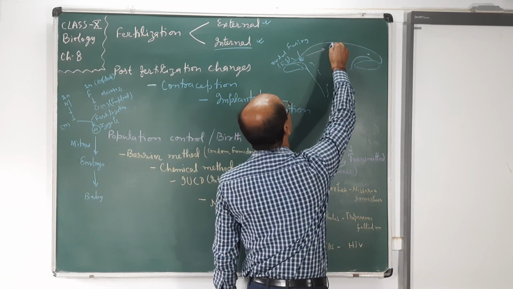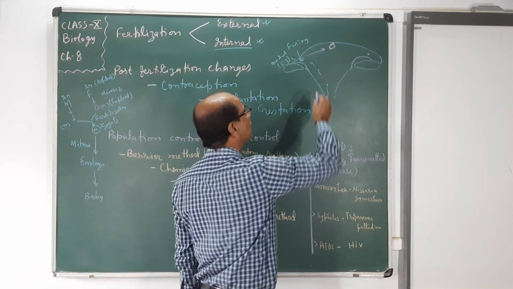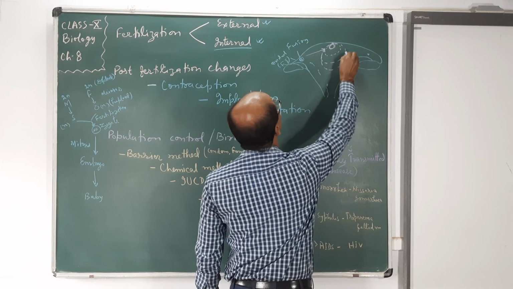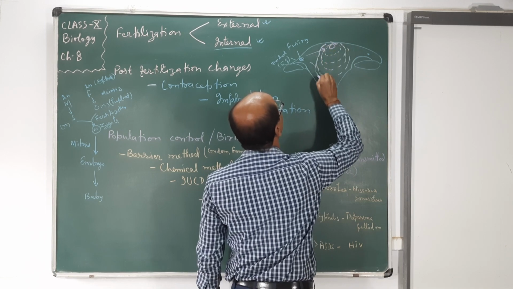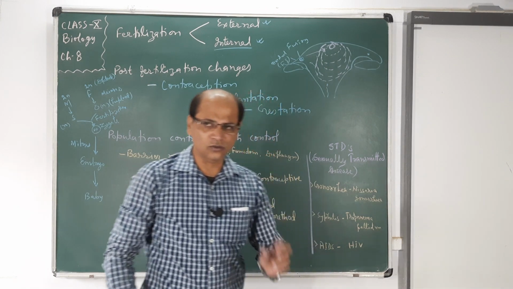After attachment they are supported by the umbilical cord, and they grow in size and develop till 9 months. This is how the development of the fetus takes place.